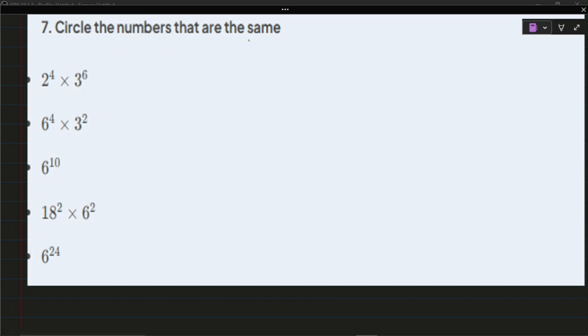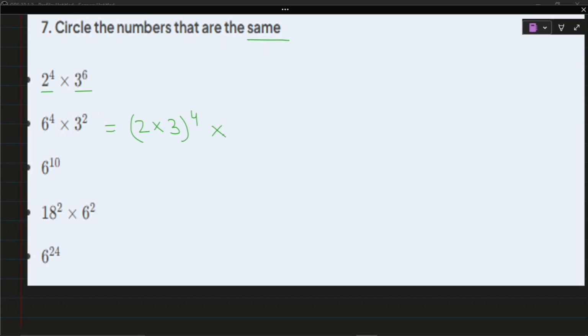Circle the numbers that are the same. So here we will start with the second question, because in the first both the numbers are prime numbers. So second question, first we will do the prime factorization of 6, that is 2 multiplied with 3. Then 6 raised to 4, so this whole raised to 4.